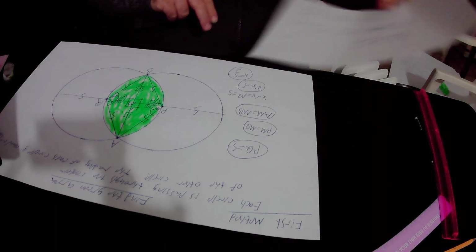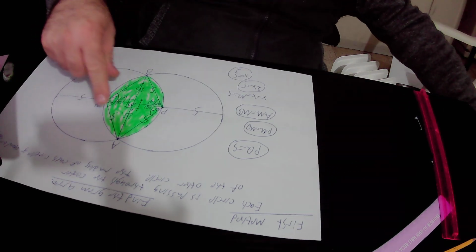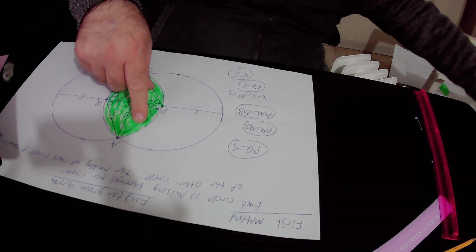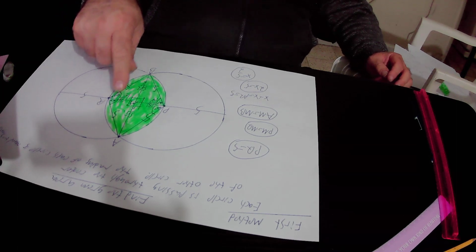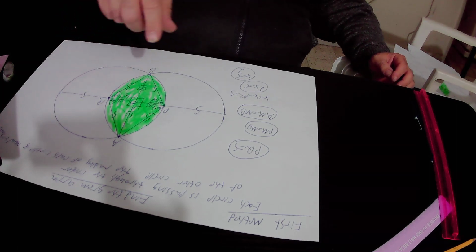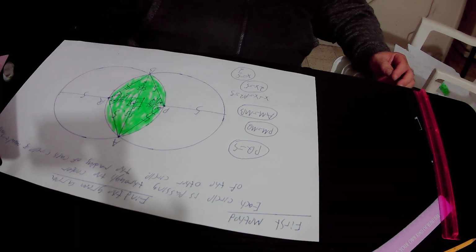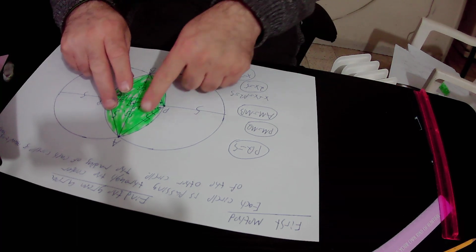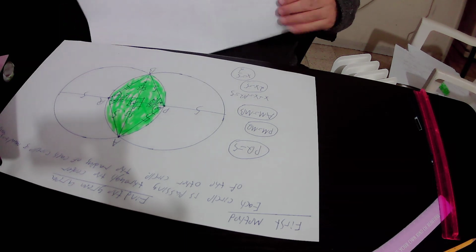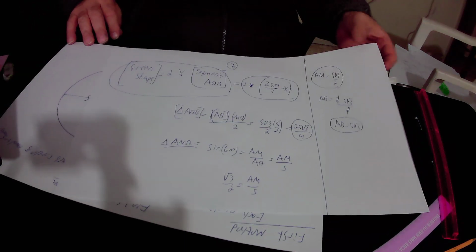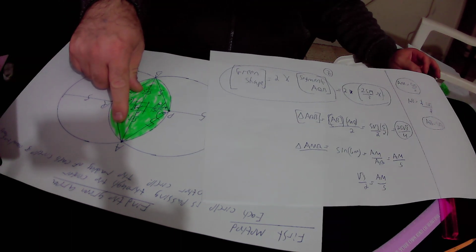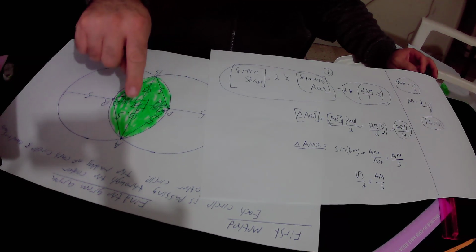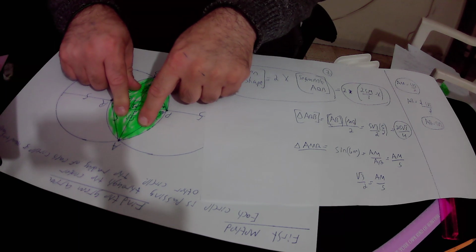Okay? And because the area of segment AQB is equal to the area of segment APB, we can find the area of one segment and multiply it by 2, and in this way we will get the area of the green shape, because those two areas are equal to each other.